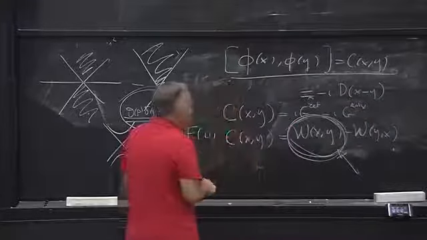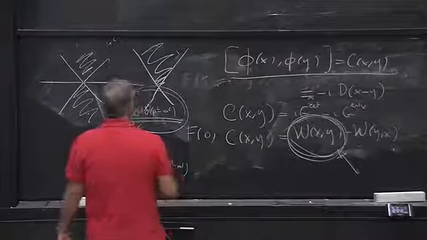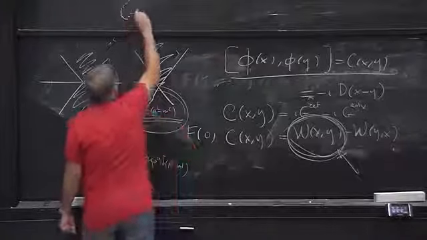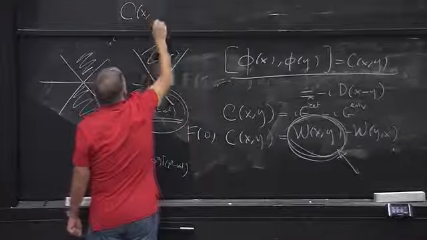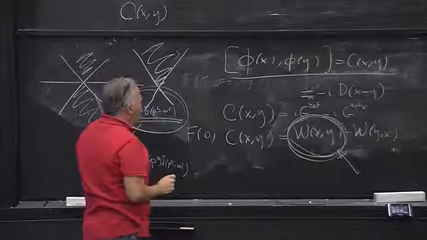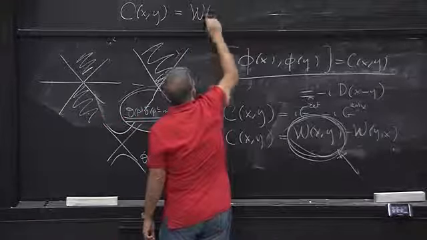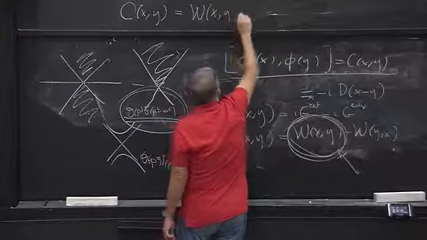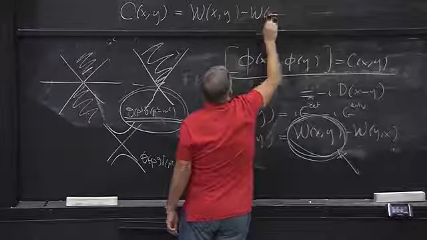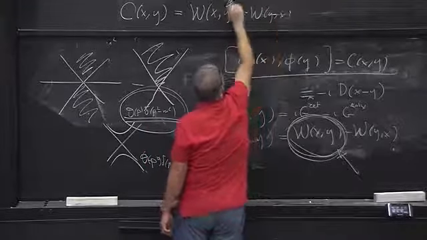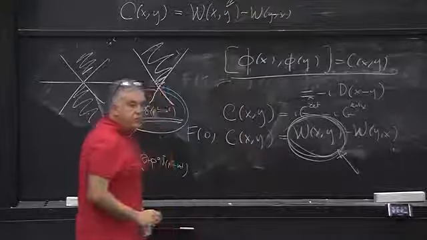Okay, so our task will be to discuss, if I give myself a commutator C of x and y, how many physically interesting solutions are there to this problem, where I'm going to interpret this as the vacuum expectation value.